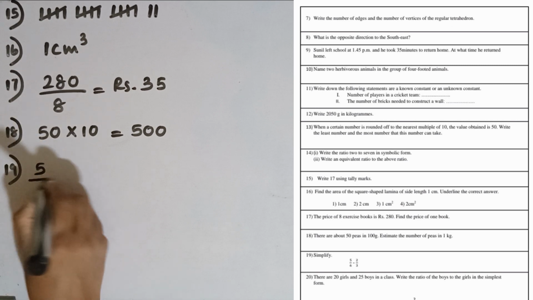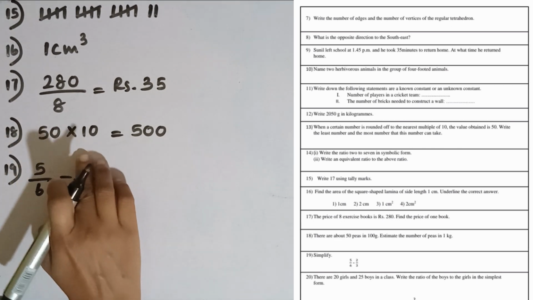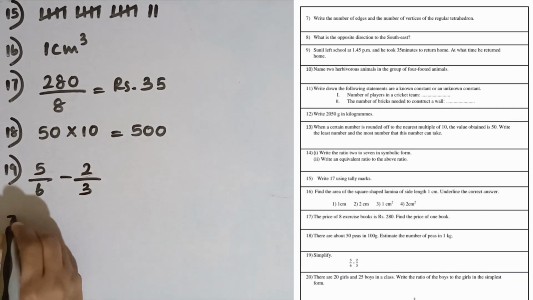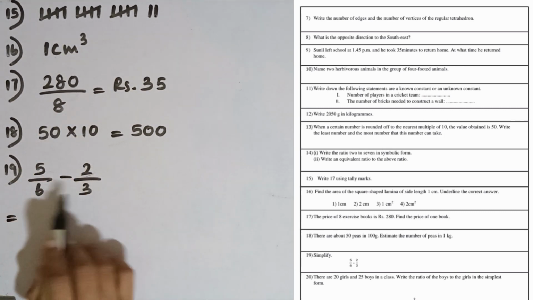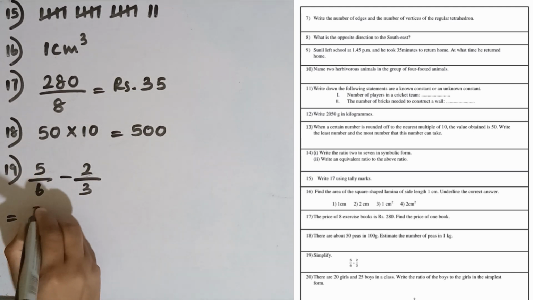Question number 19. We are given this to simplify: 5 over 6 minus 2 over 3. What is the common denominator here? The common denominator is 6. For that, the first fraction remains unchanged.